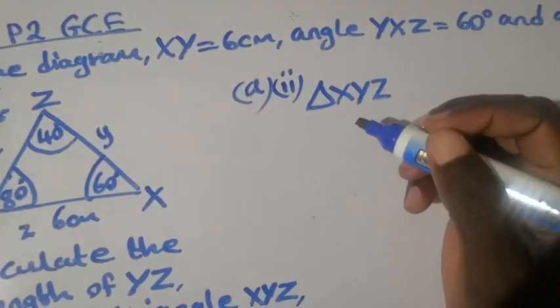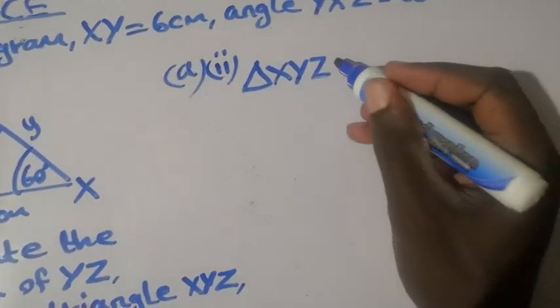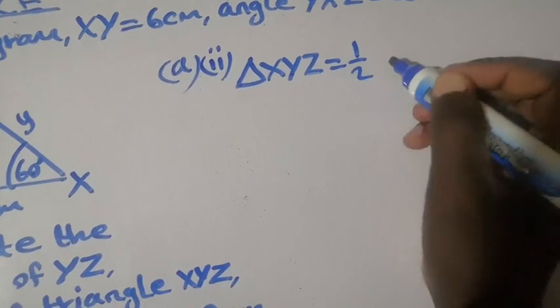This is a non-right-angled triangle. So the area for a non-right-angled triangle is calculated by half times two sides times sine theta.